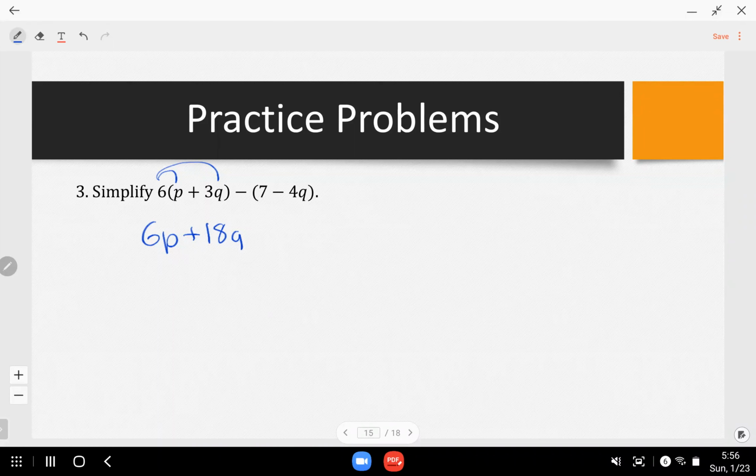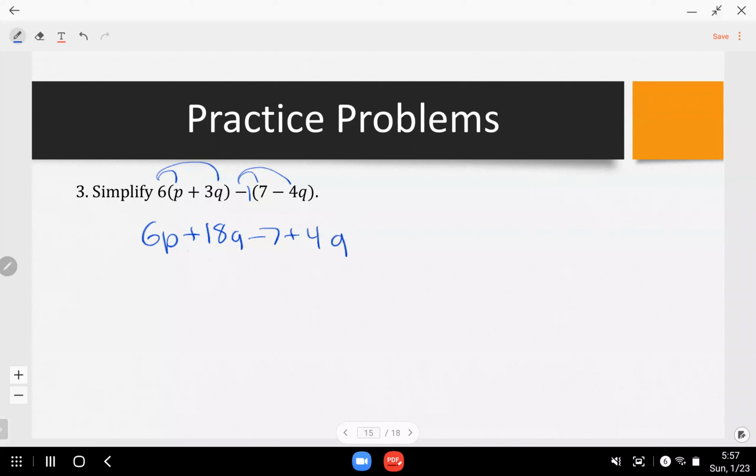Well, think of this negative sign as negative 1. Then you can see negative 1 times 7 is negative 7, and negative 1 times negative 4 is positive 4q instead of just negative 4q. So positive 4q, combine like terms.